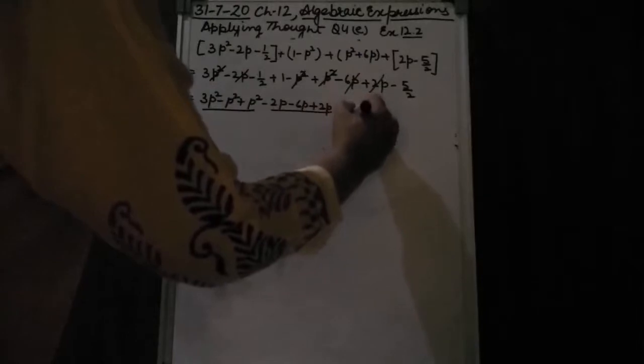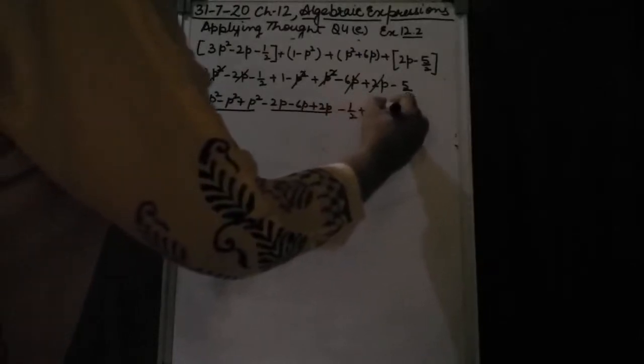Now minus 2p minus 6p plus 2p. So you have used these two also. Minus 1 by 2 plus 1 and minus 5 by 2. So you have used these three also. So all the terms are used.